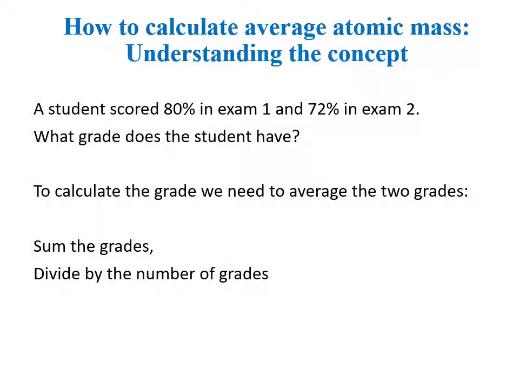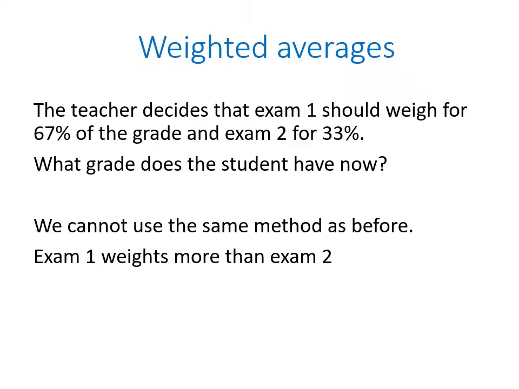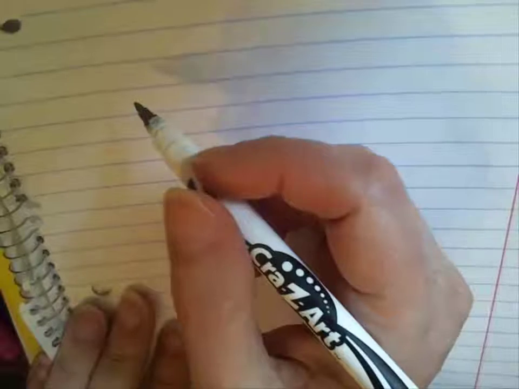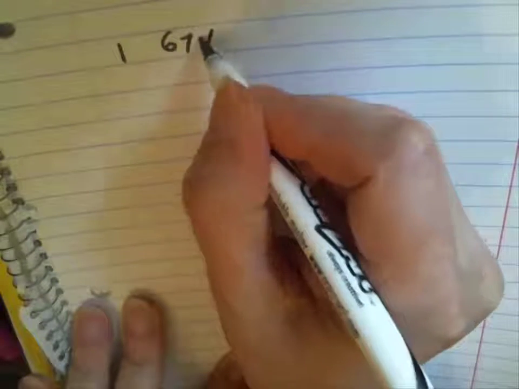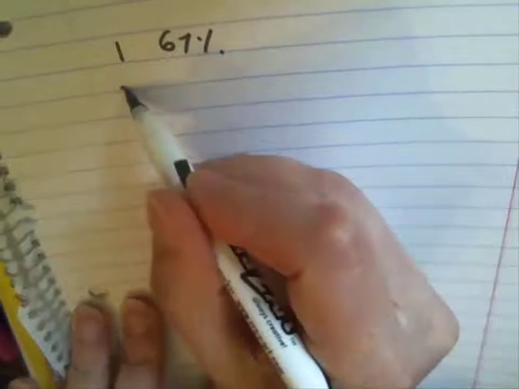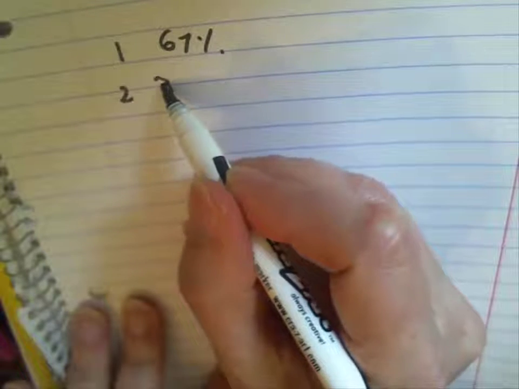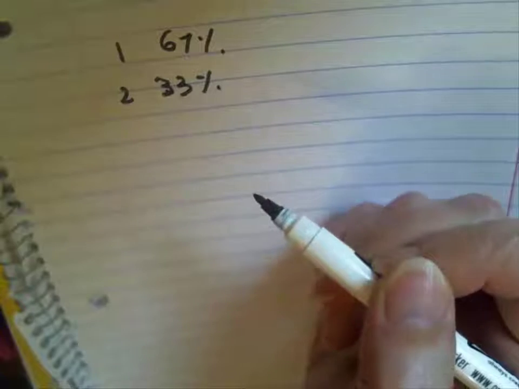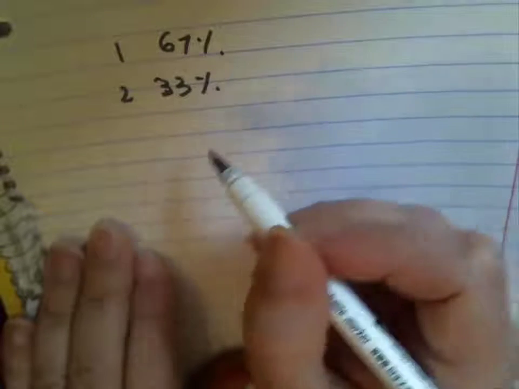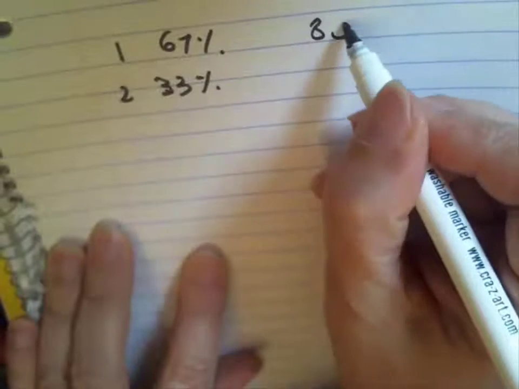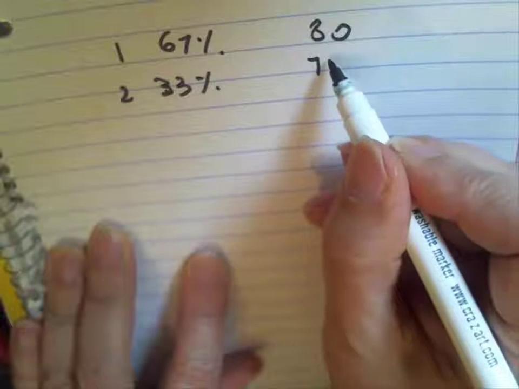But what happens if the teacher decides that the two exams are going to be weighted differently? In this case, and I'm going to pass on to my pad, the teacher decides that exam 1 is 67% and exam 2 is 33%. Suppose the grade for the first exam is 80 and for the second exam is 76.